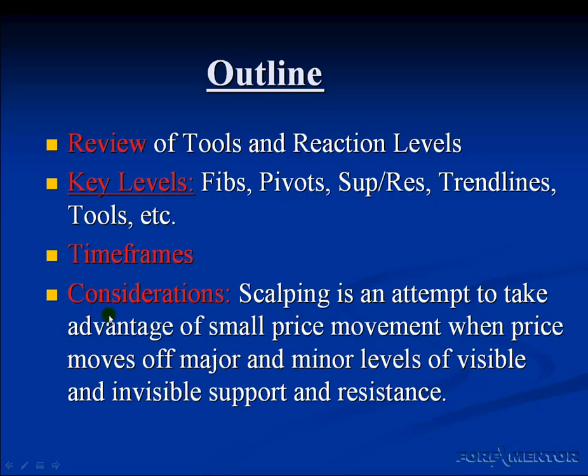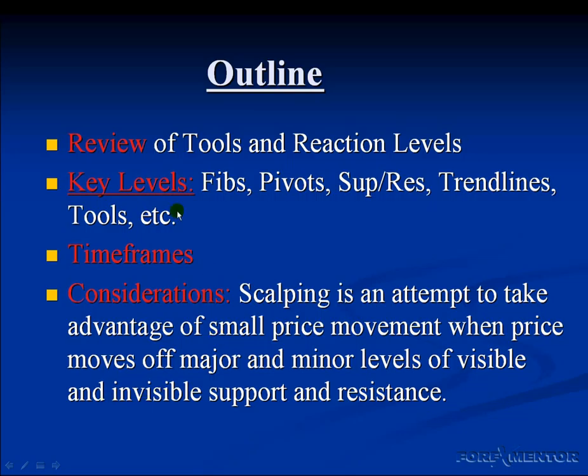understand the importance of specific levels on various time frames, and other considerations that have to be made is that, just as a brief definition, scalping is an attempt to take advantage of small price movement when price moves off major and minor levels of visible and invisible levels of support and resistance. Okay?